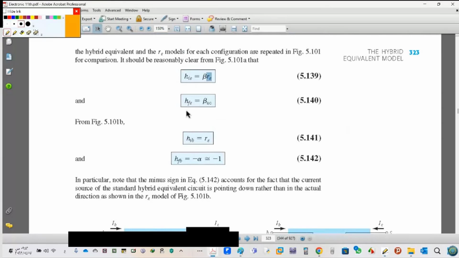For that reason, we start from RE, then come to hybrid. For that reason, we studied RE, then hybrid. You have to start with RE. The hybrid model is the exact correct model, but the RE model is the approximate and practical model.